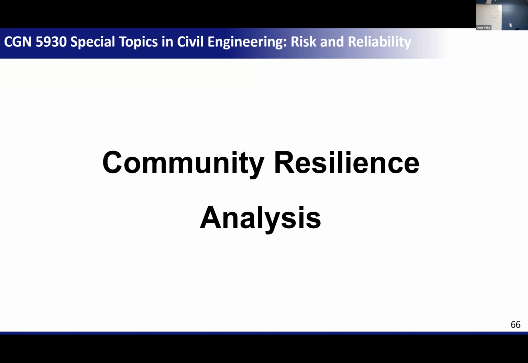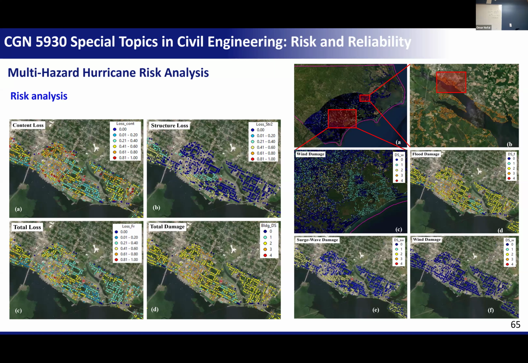With this, I want to show you some research ideas when it comes to community resilience analysis. All we have done so far is identifying the damage, right? We talked about some mitigation measures, and how a mitigation measure is going to protect your building.